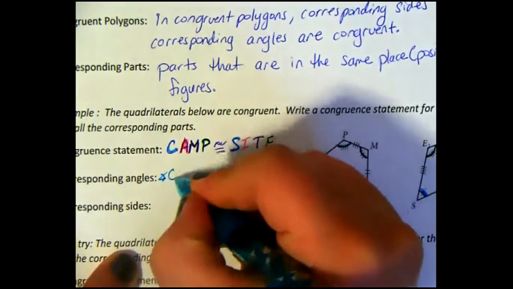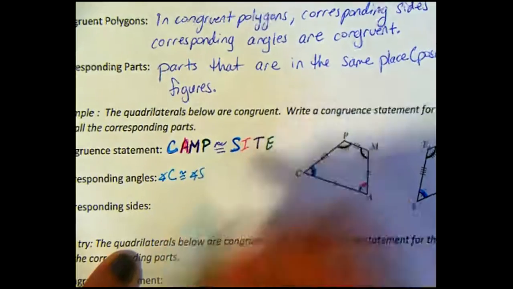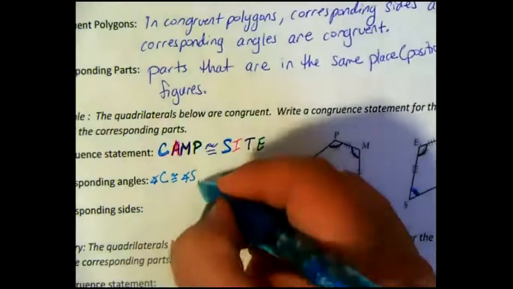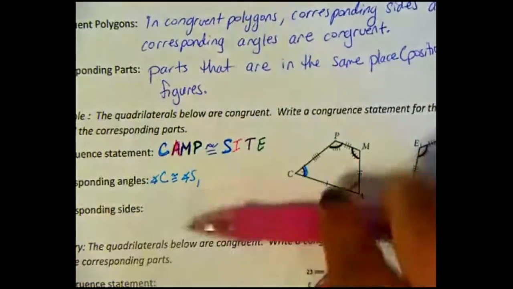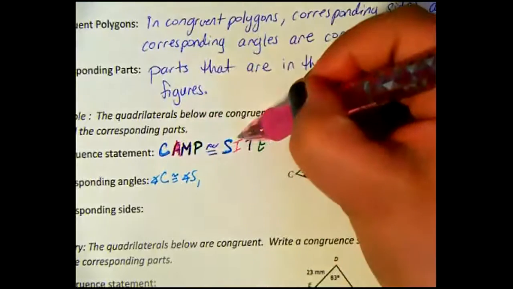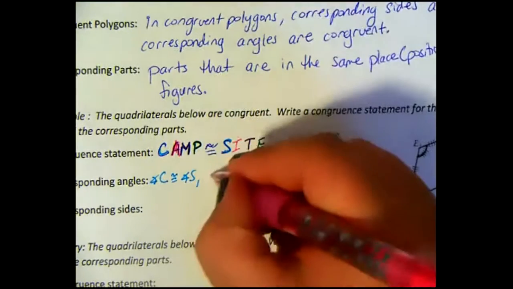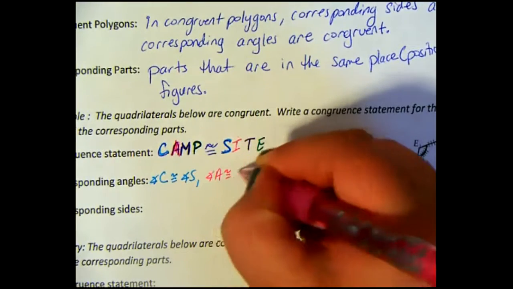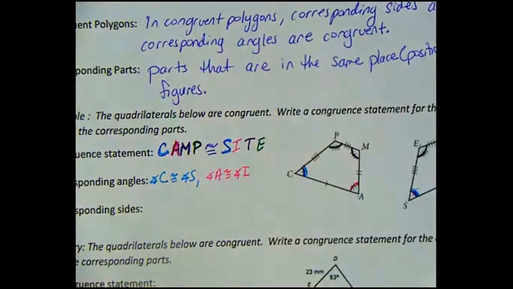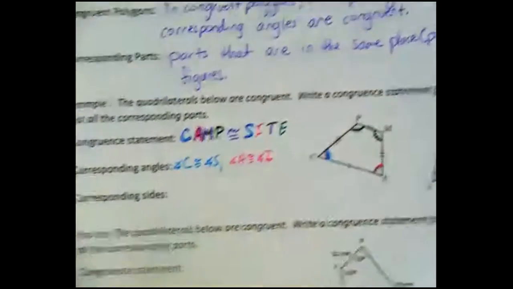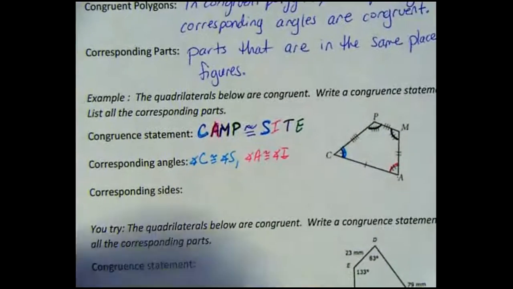That means that angle C is congruent to angle S. A and I are in the same position. That means angle A is congruent to angle I. We're identifying our corresponding angles.